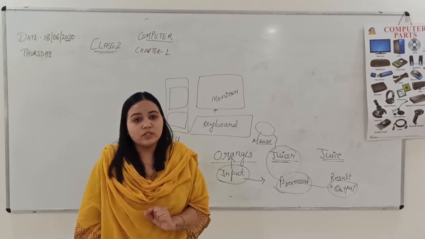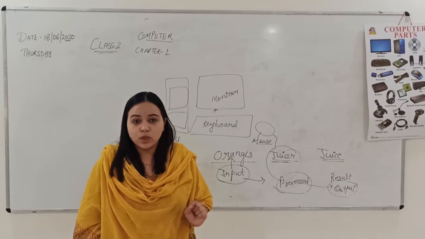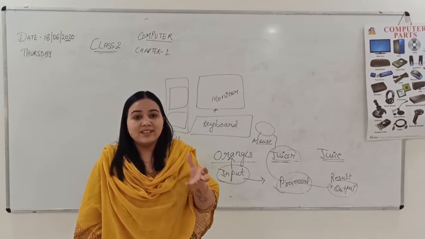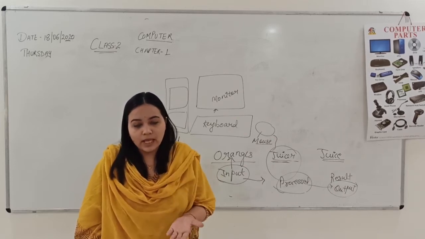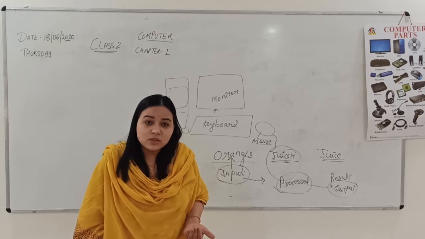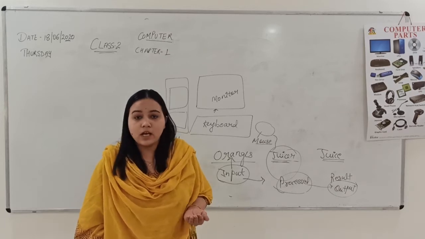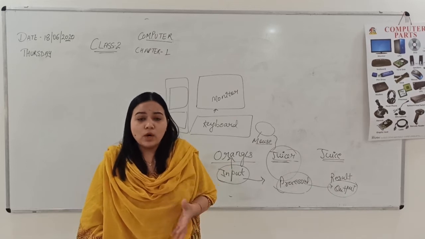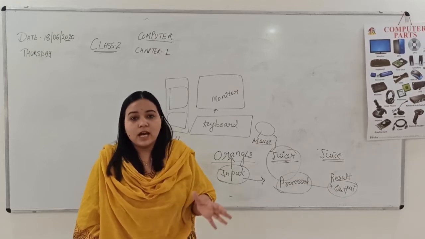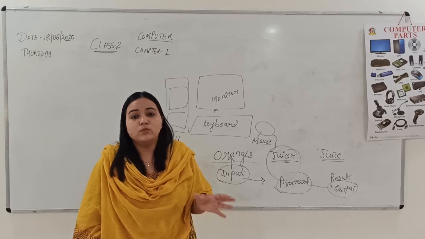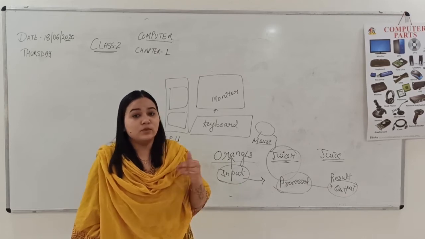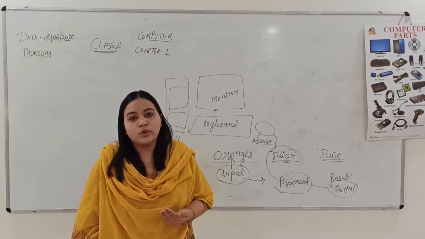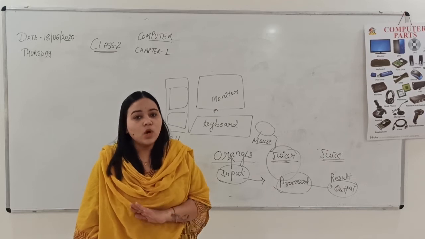If you don't give instructions to the computer, it won't work. So the computer needs inputs from you, and then only it can process those inputs and give you the desired output. Right? So according to all this theory, I hope it is very clear to you what a computer is, how it works, and that it works only on your instructions, otherwise it won't work.